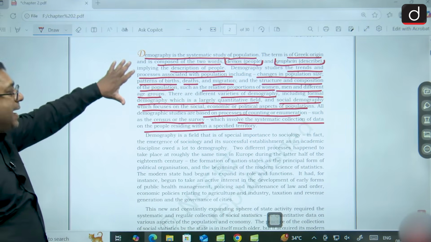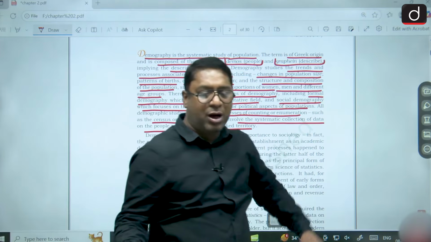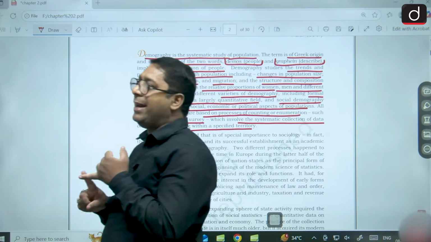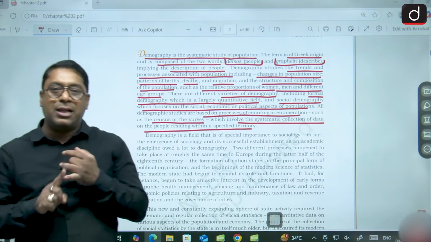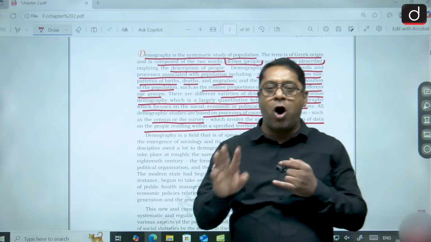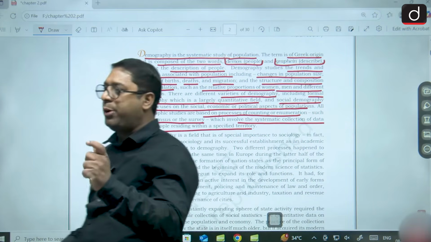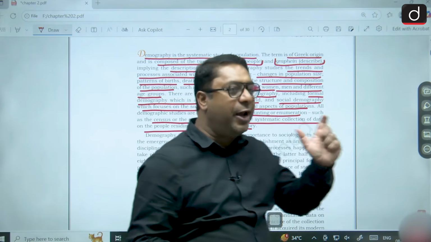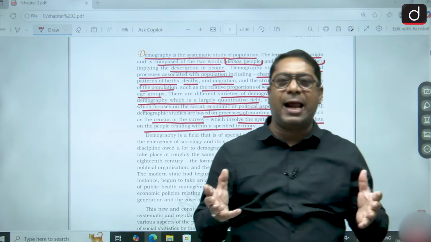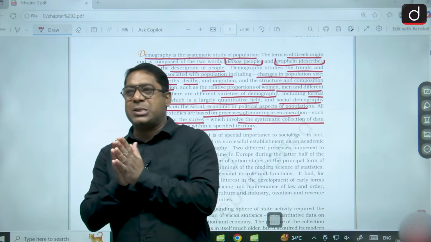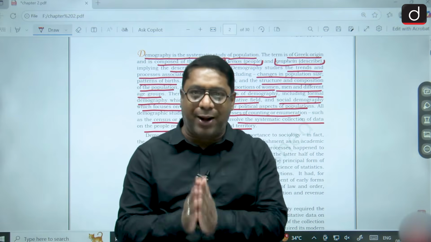So this entire thing, I'm telling you in a very short manner. The first thing is that the word demography comes from the Greek word demos. Here demos means people, and graphin means describe. So we can say that it is concerned with the description of people, number one.